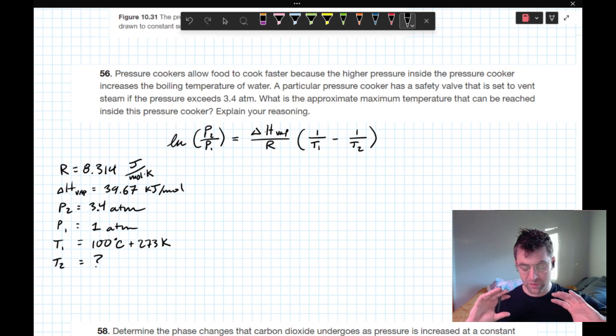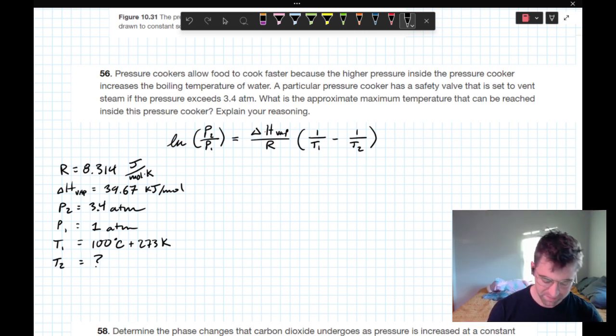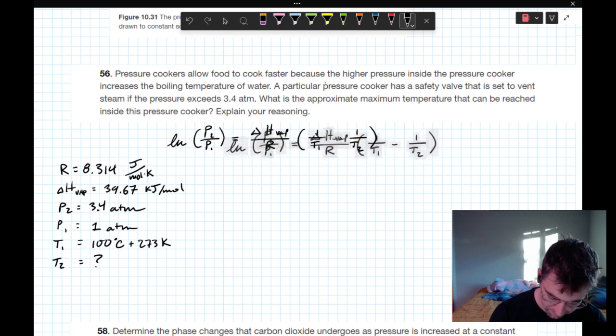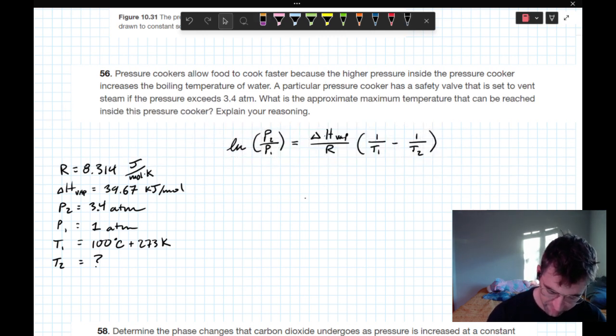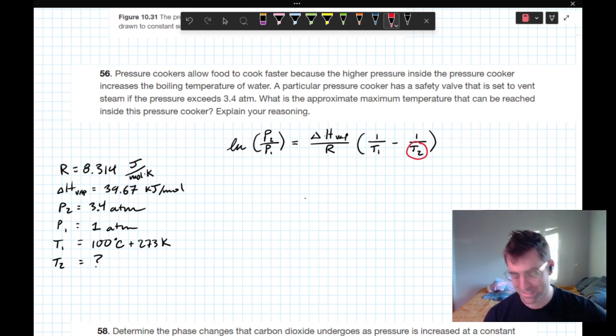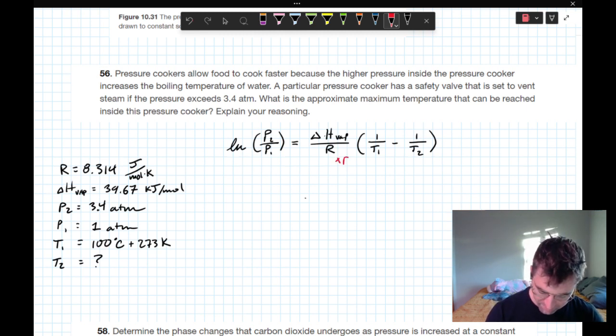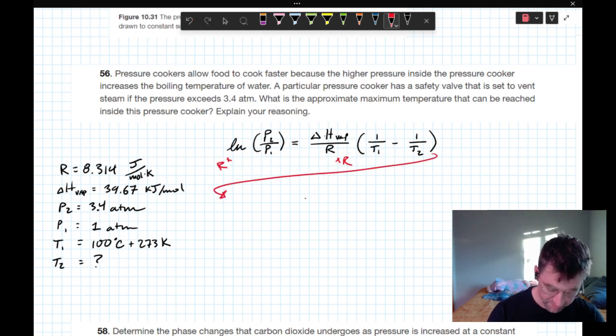So now we could just plug these into this equation. I'm actually going to move this a little bit, give myself more room. But you'll notice that we need to get T2 by itself. And this was really confusing for me, even though it should just be pretty straightforward algebra. But I'm going to go ahead and show you guys all the steps to get there.